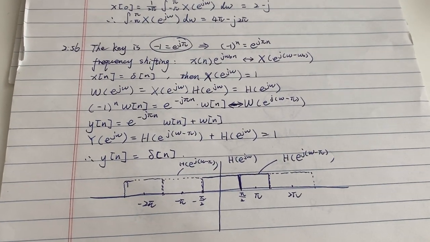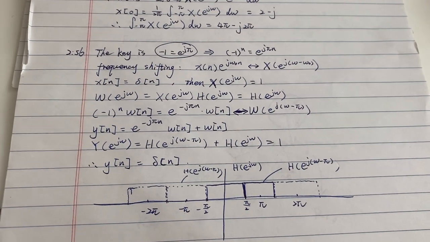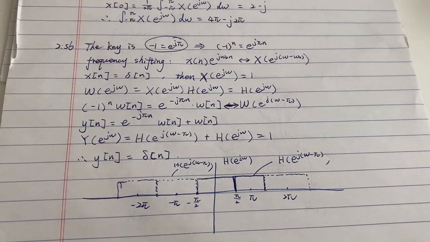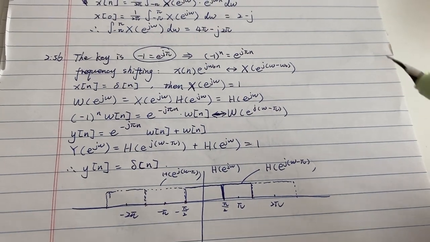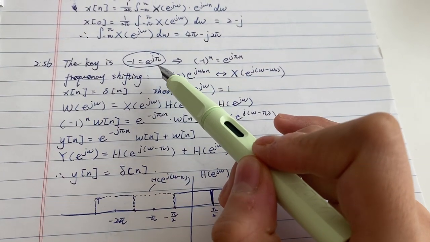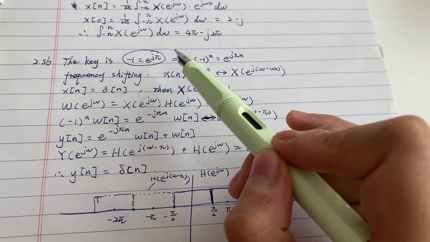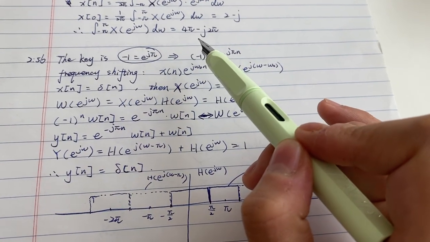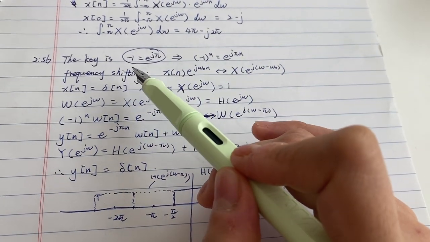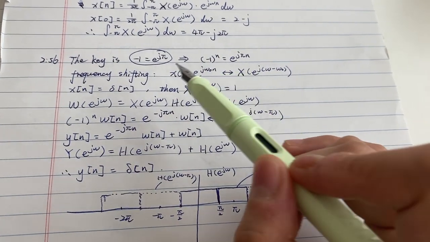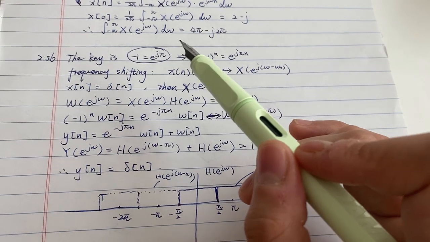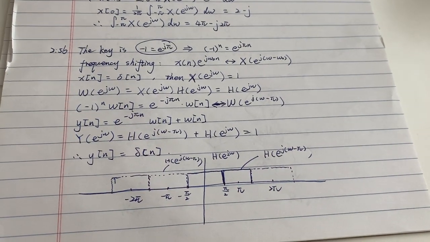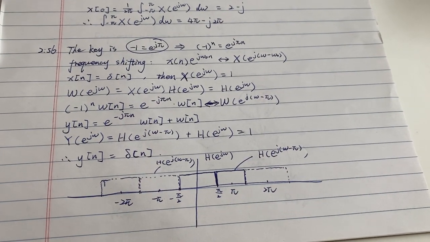So for this question, the key is we need to use that -1 equals e to the power j pi here, because e to the power j pi equals cosine pi plus j sine pi. And for -1, you can get -1 equals e to the power minus j pi, which equals cosine pi minus j sine pi.